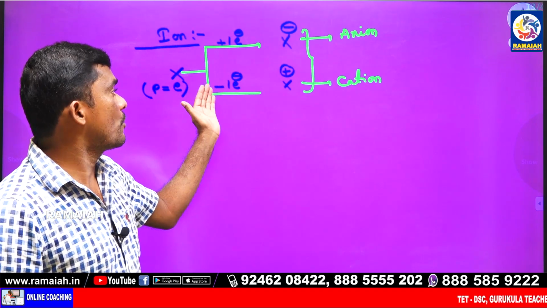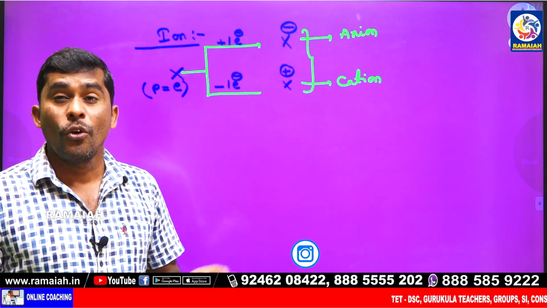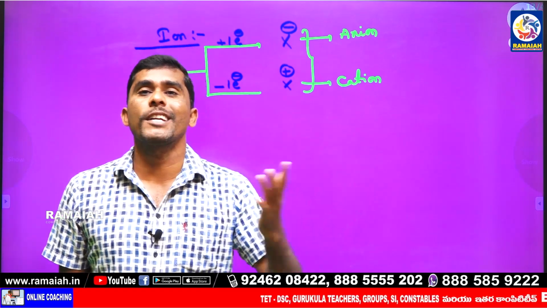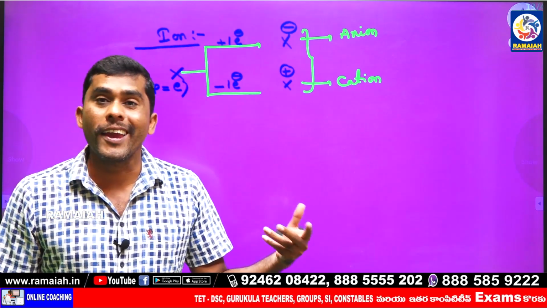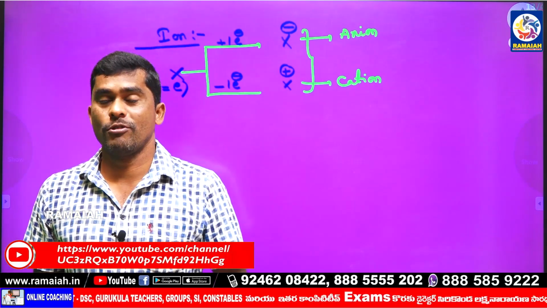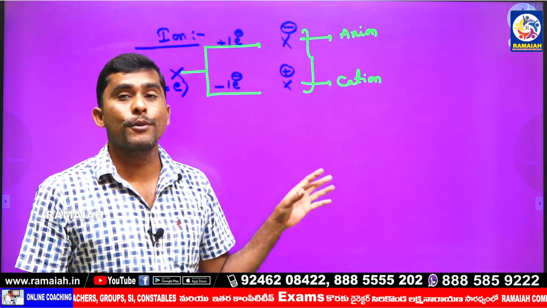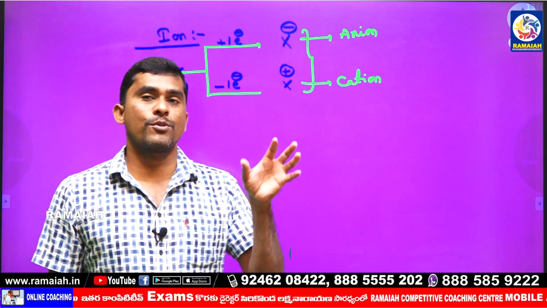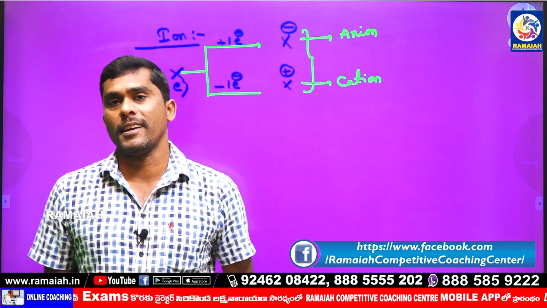When it gains an electron, it gets the negative charge. That is called an anion. So anion is formed by gaining of electron. Cation is formed by losing of electron. So ions are two types: anion and cation.